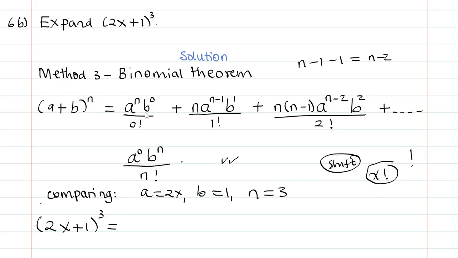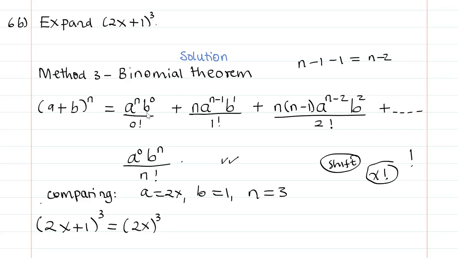So b to power 0 is 1, so we can neglect that, it makes no difference. 0 factorial is 1, so a number divided by 1 is that number. So basically we shall have a, which is 2x, to power n. What is n? n is 3.